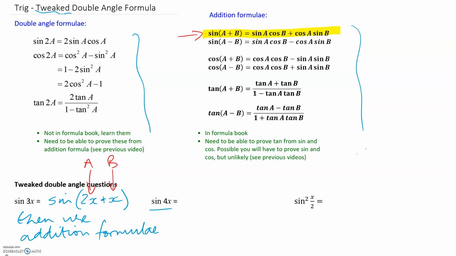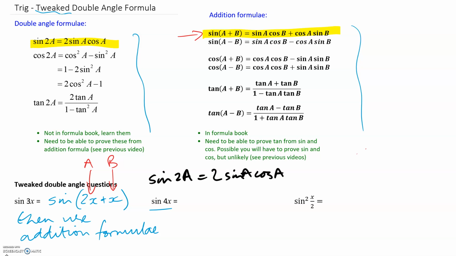If you ever see sine 4x, the way to think about that is the same as this. So if you look at this formula here, let's just write that down above it. So we know that sine 2a is 2 sine a cos a.